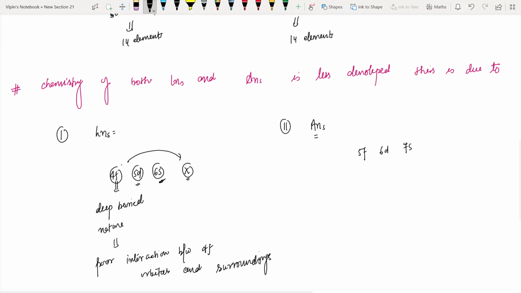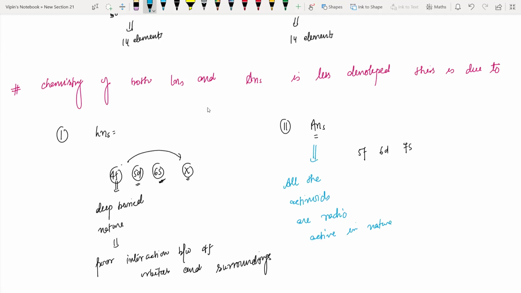But the chemistry of actinoids is less developed because of what? All the actinoids are radioactive in nature, since they tend to decompose or degrade. They tend to show radioactive decay.